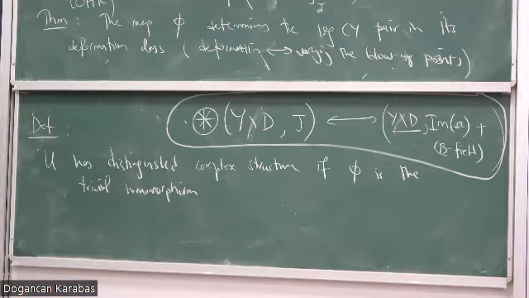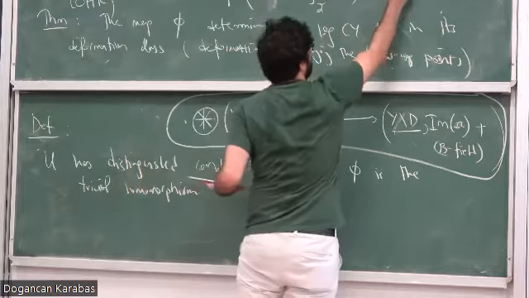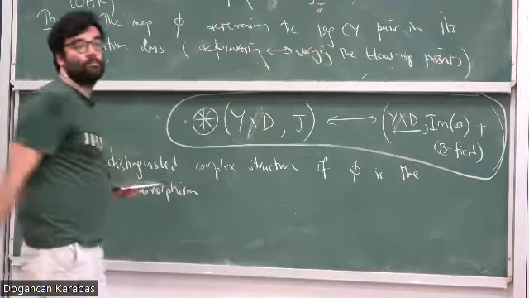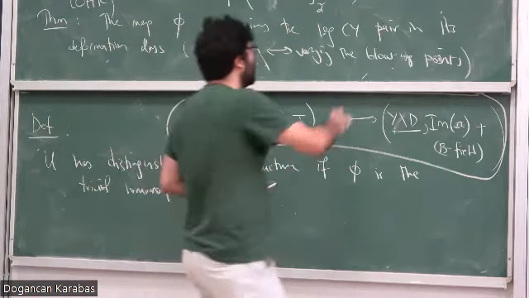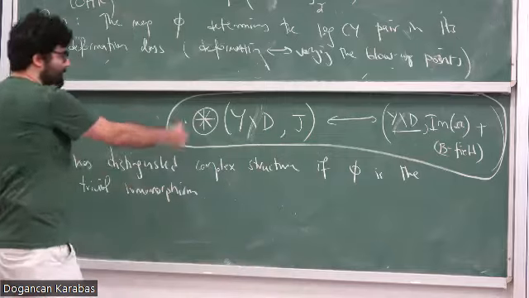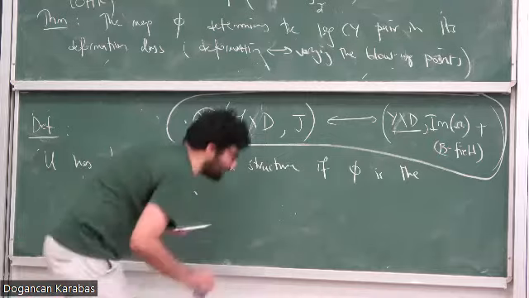You look at all these periods, and this one is supposed to be always equal to 1. So these periods are always supposed to be integral. And only then will I have a mirror symmetry statement; the theorem that I will talk about only holds then.